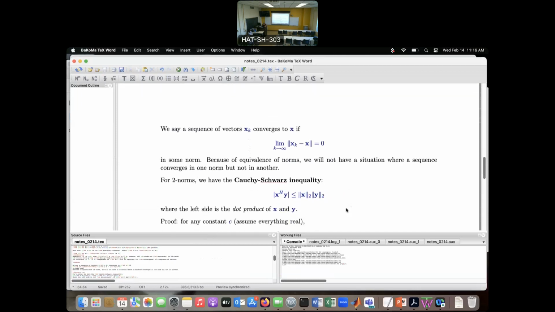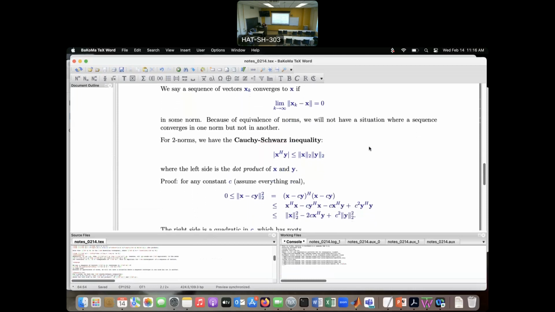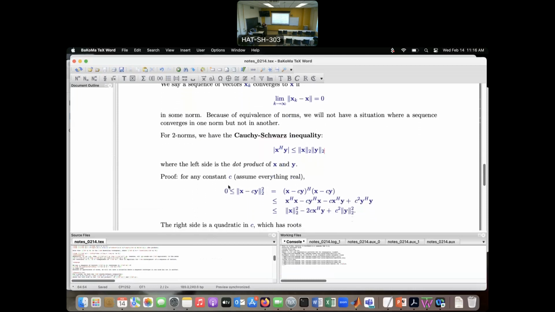In the case of the vectors being real, I'm going to take a little moment to prove this Cauchy-Schwarz inequality. So let's assume that c is some constant, and I'm looking at the 2 norm of a vector x minus cy.